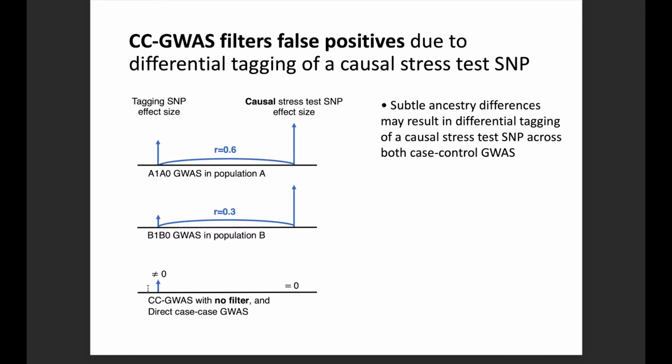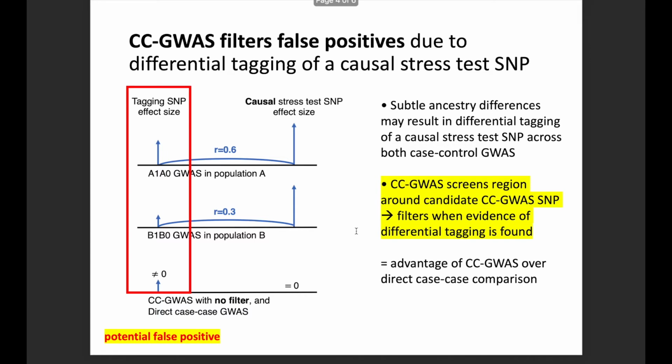So this is a very specific set of SNPs for which you can find false positives, and to protect against this, CC-GWAS has an additional built-in step to filter SNPs that show evidence of differential tagging. Once again, if you're interested in any more details of this step, I refer to our paper and its supplements.